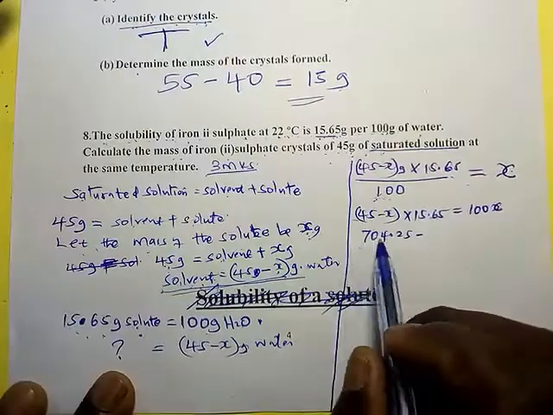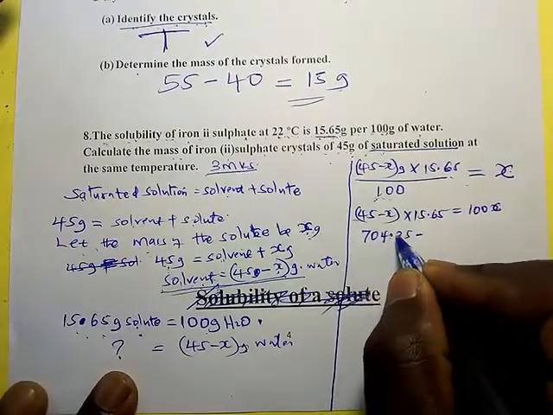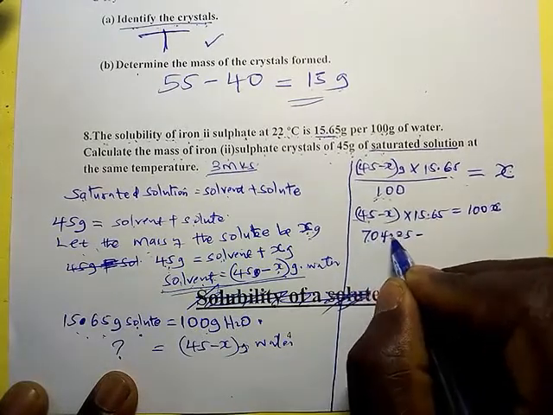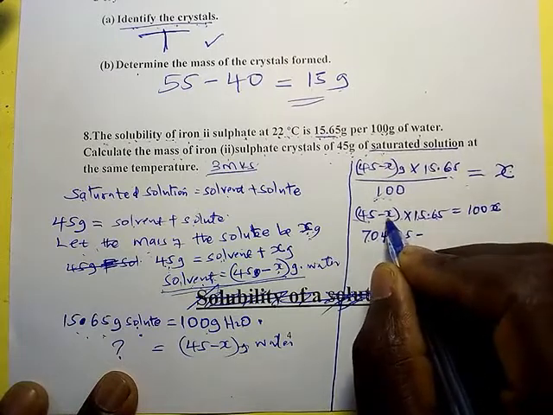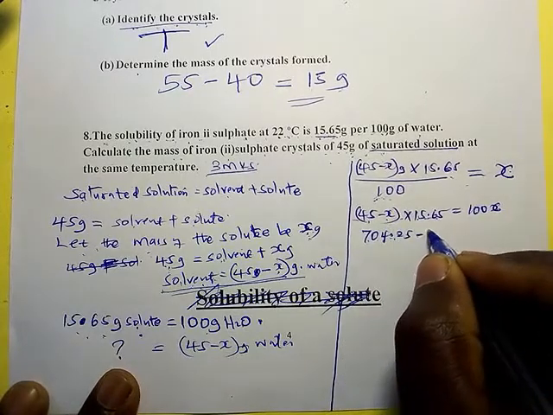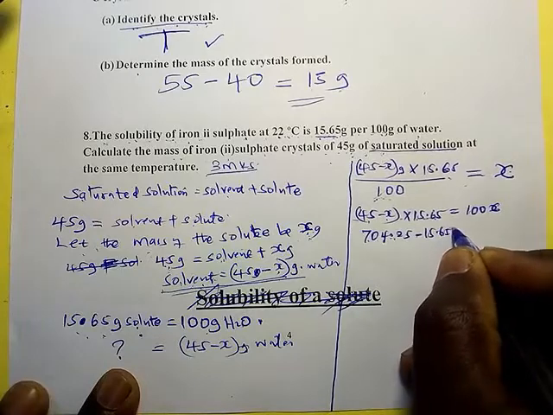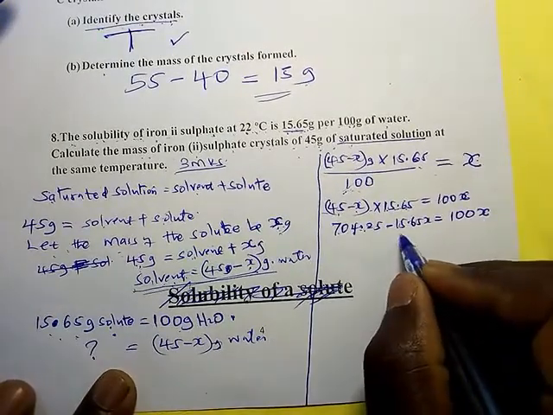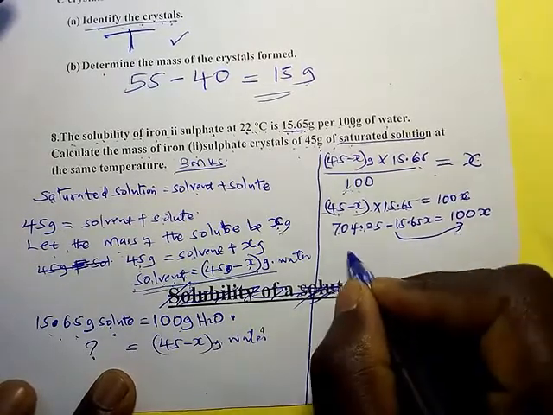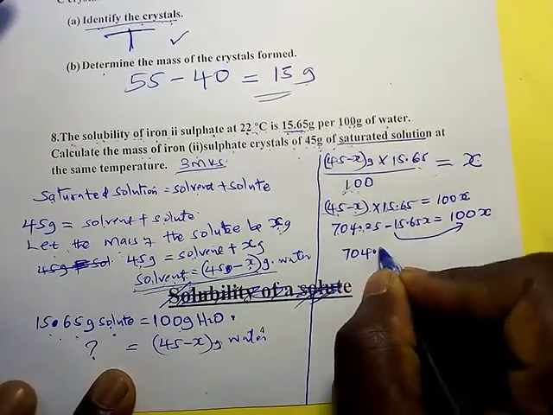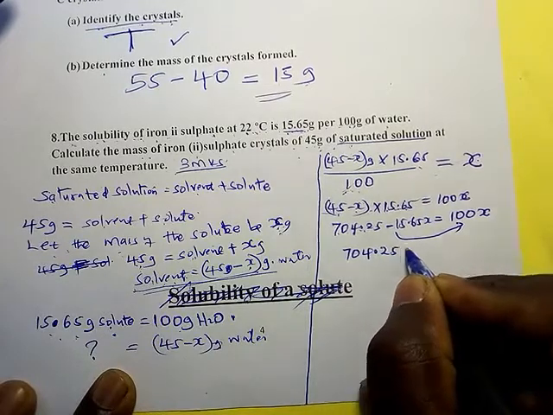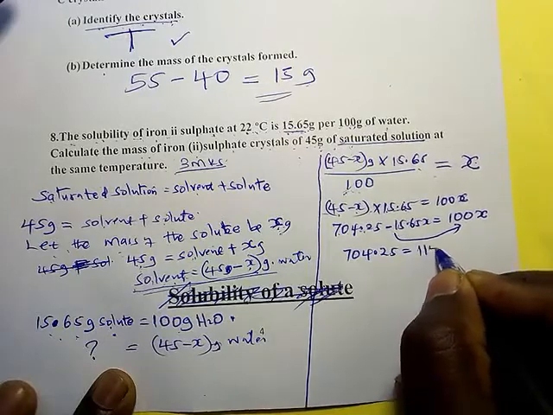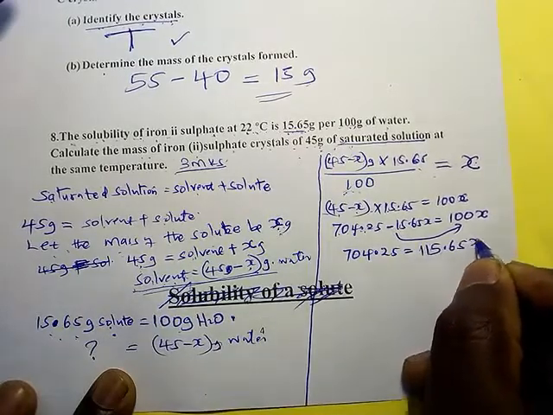We will have 704.25. This times this will give you 704.25, and then 15.65 times X will give you negative 15.65X, which is equal to 100X. So like terms together: 704.25 equals 100X plus 15.65X, which is 115.65X.